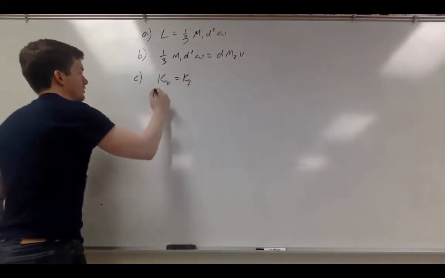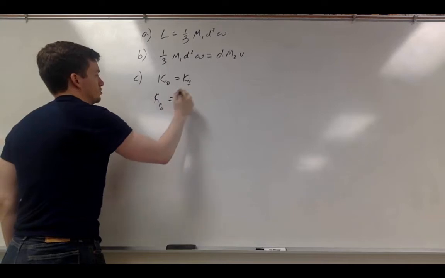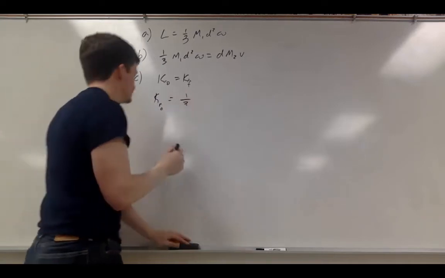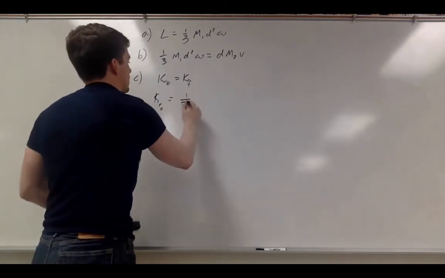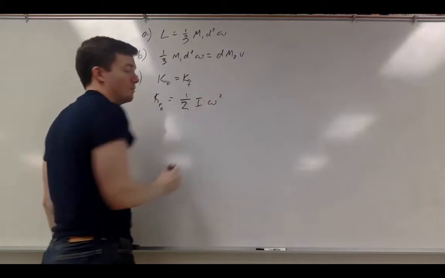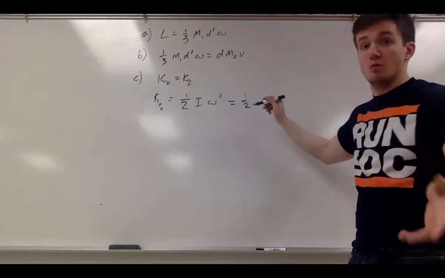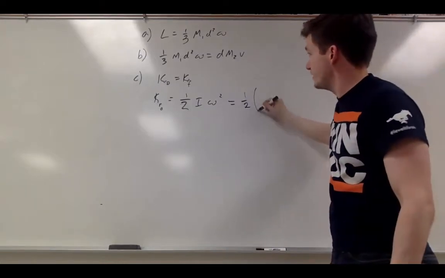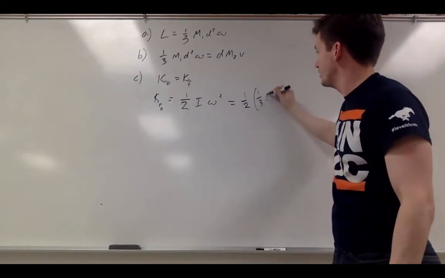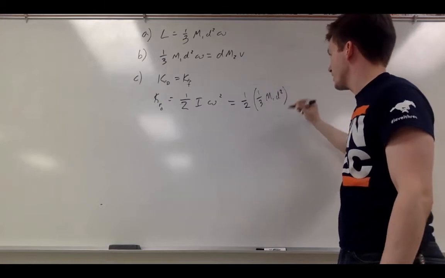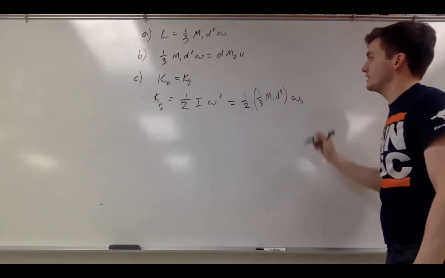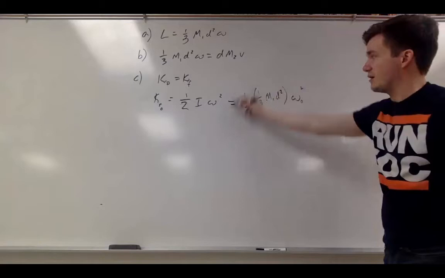Or saying that the rotational initial was 1/2 I omega squared. So 1/2 times the moment of inertia of the rod, which they give us as 1/3 m1 d squared times omega initial squared. That was a point.